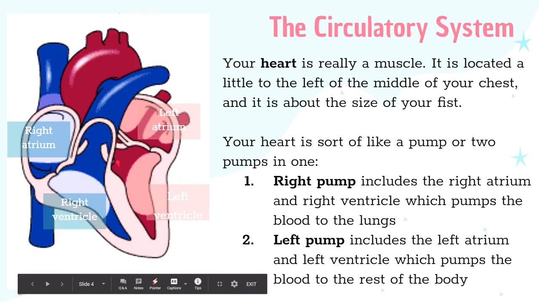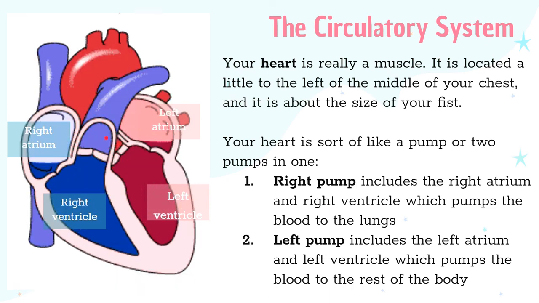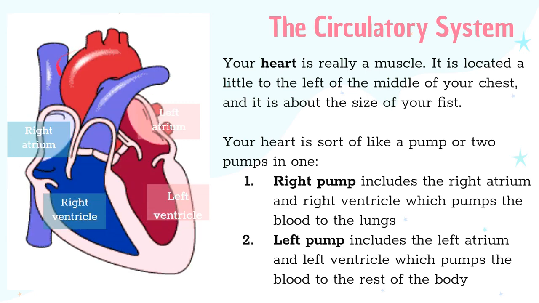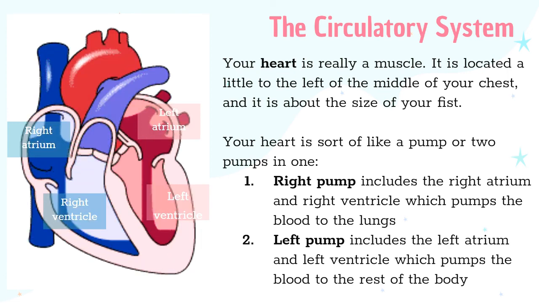So it will only flow one way. Then the semilunar valve also closes so that the blood going to the aorta will not go back to the left ventricle. So that's the purpose of your heart valves. They make sure that the blood will only go one way. Now, for some people, problems with their valves could actually cause certain diseases in the body.